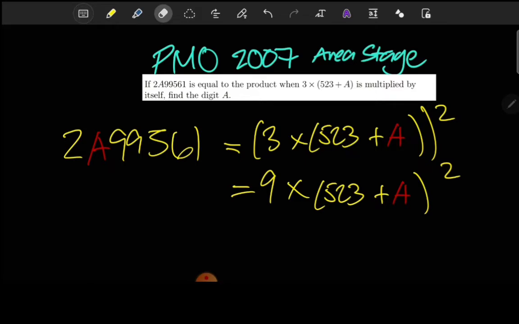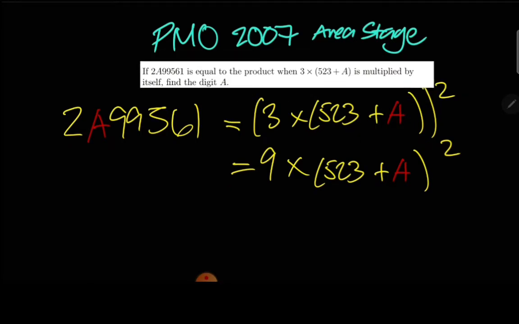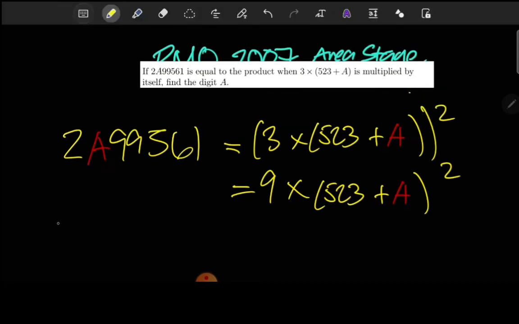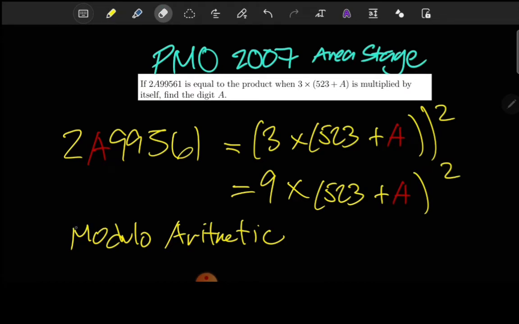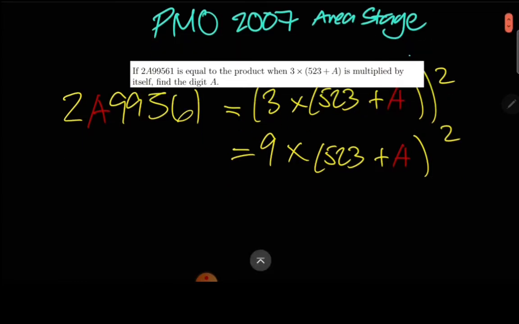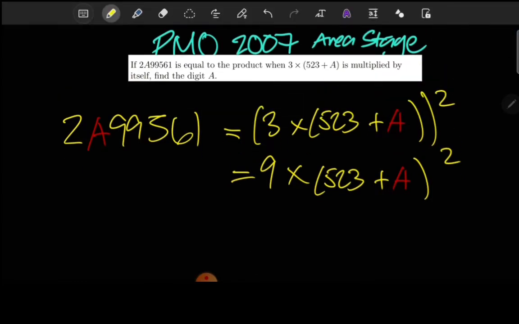Okay, here you go. So we have two options. In case you don't know, we're going to do a modulo arithmetic technique. For those who don't know modulo arithmetic, I recommend you search it on YouTube because there are so many tutorials about it. Now we have these factors right here, and if you multiply these numbers, this will become this number.